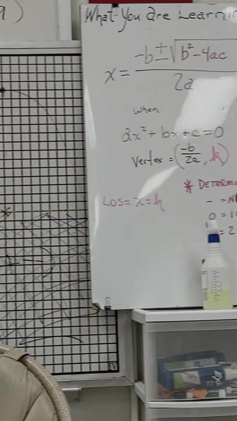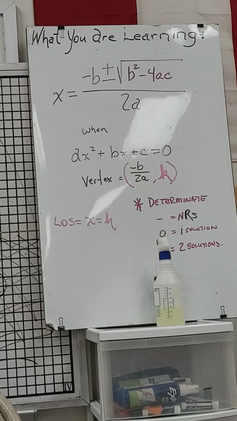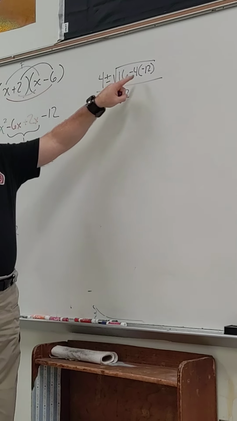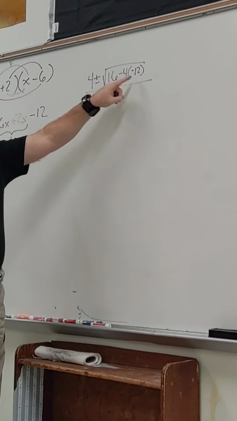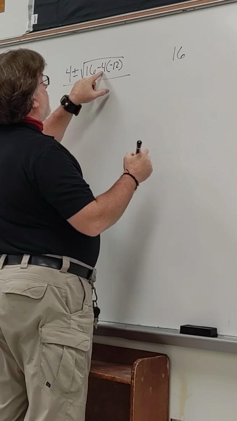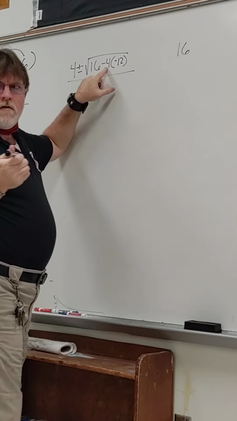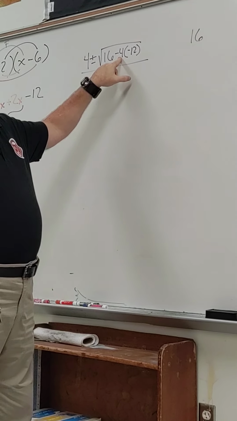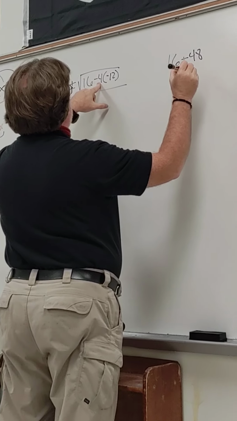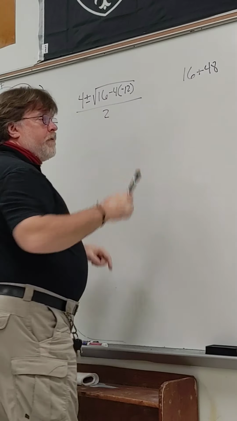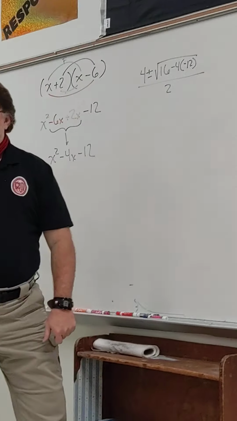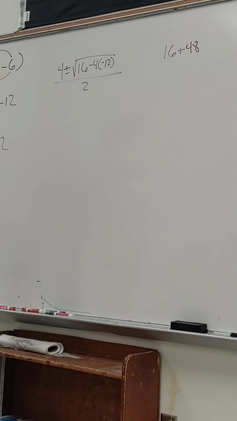Let's point back over there. Okay. All right, and so then you're going to do the determinant, which is under here. And that's going to be 16. Negative 4 times negative 12 is plus 48, right? And what's 16 plus 48? 64.